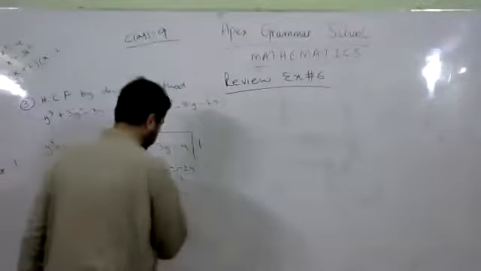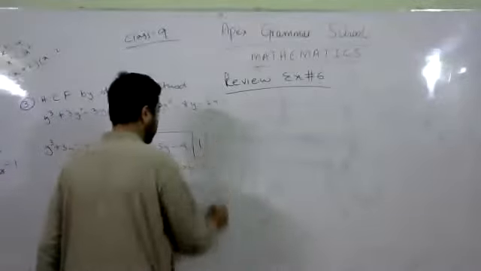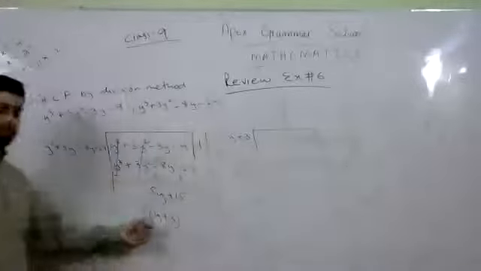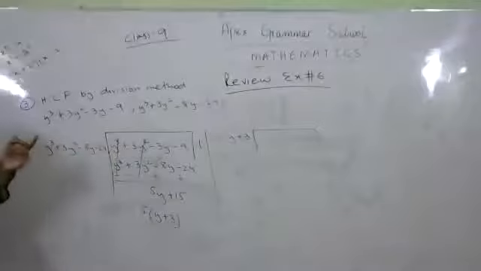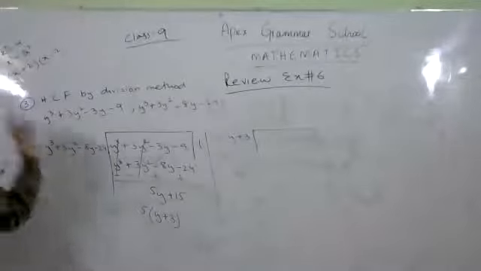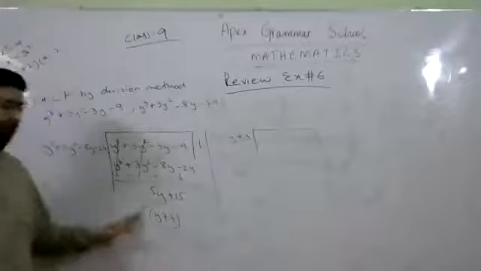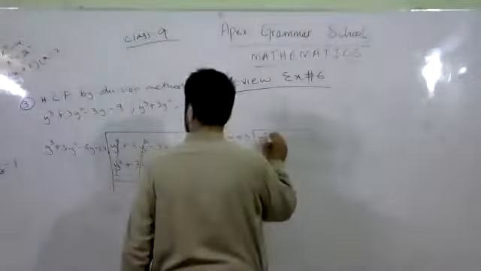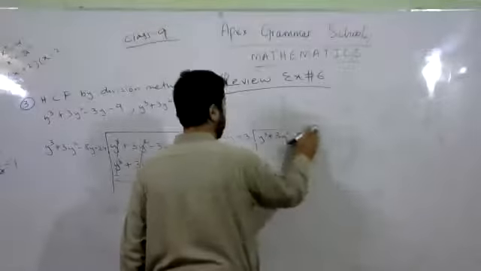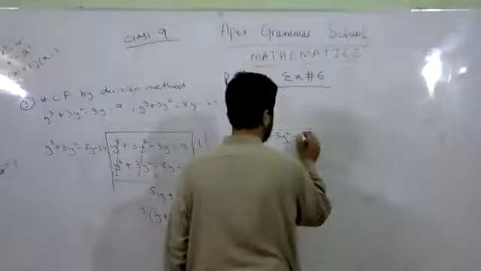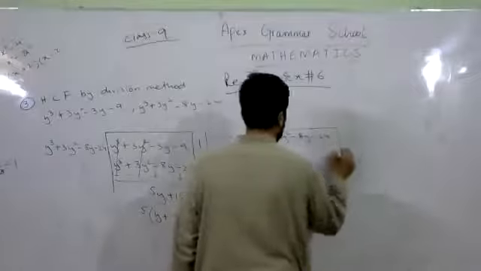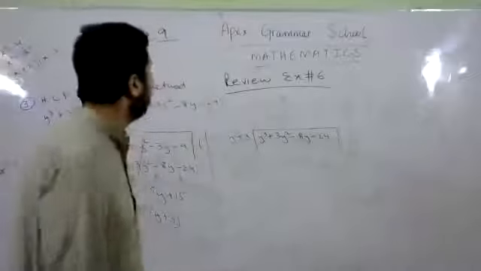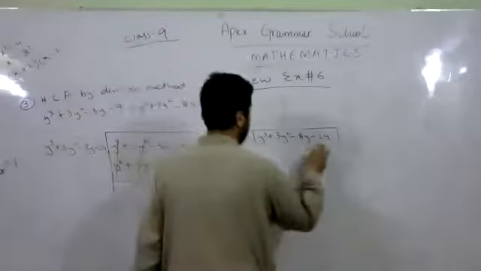Now, this is y plus 3. Its power is smaller than this divisor. So now this becomes the dividend and this y plus 3 is the divisor, and this 5 you can neglect. Now this y cube plus 3y square minus 8y minus 22. Now again we need the number whose multiplication will let us divide it perfectly.